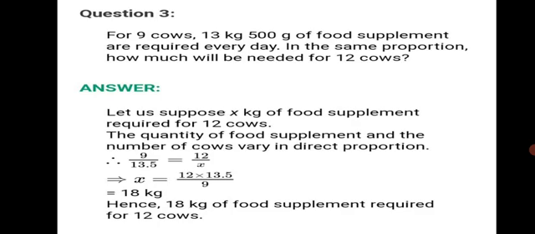Now by cross multiplication you write down x is equal to 12 into 13.5 upon 9. So now find the value. x is equal to 18 kg. What is x? x is the amount of food supplement required for 12 cows. So you write, hence 18 kg of food supplement required for 12 cows.